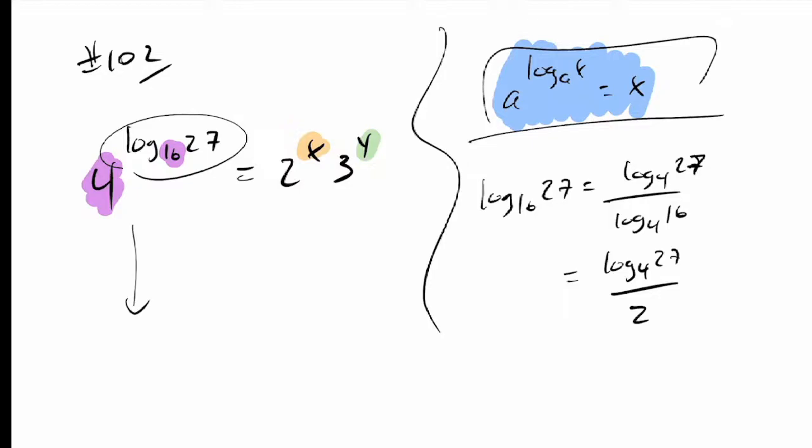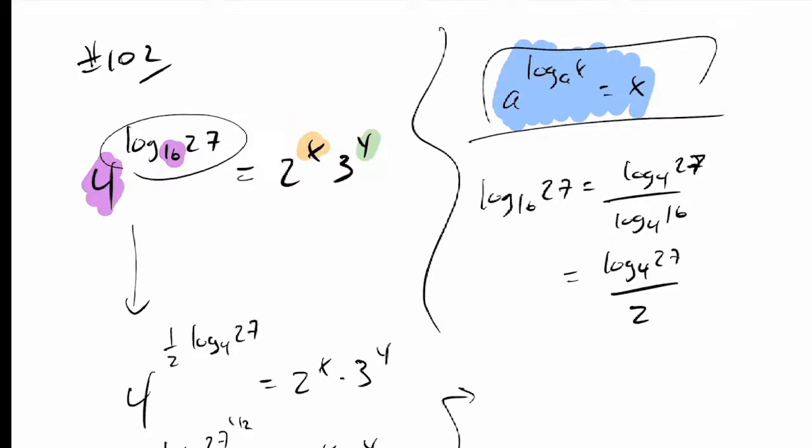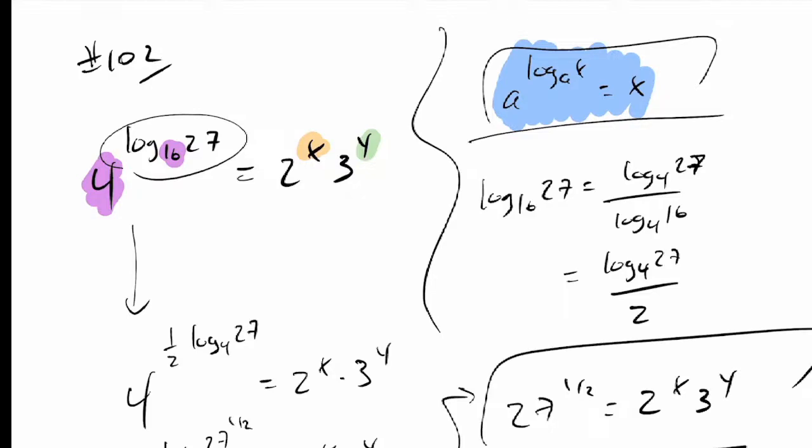So I can rewrite this as 4 times 1/2 log base 4 of 27 is 2 to the x times 3 to the y. But yeah, this question is not on the exam. But then I can finally use that property. This becomes 27 to the half is 2 to the x, 3 to the y. And then you can solve it from there.